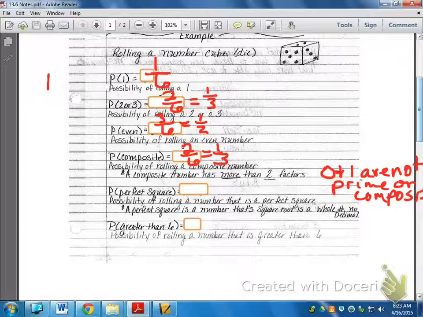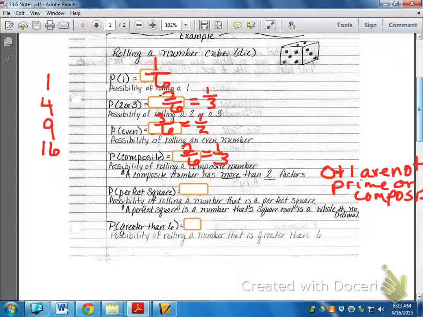The next perfect square is 4. What's the next perfect square? 9. Next, Brady? What's the next perfect square after 9? Michaela? 16. Somebody tell Brady how we got 16 quickly. 4 times 4.